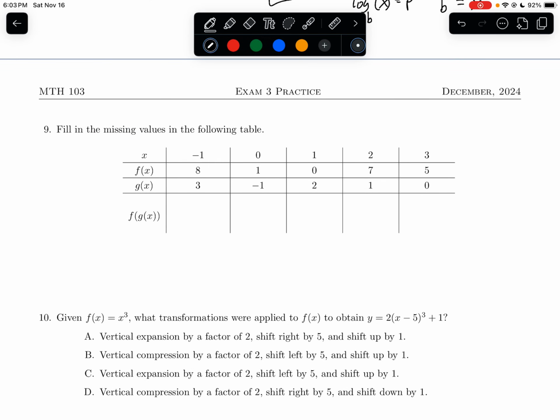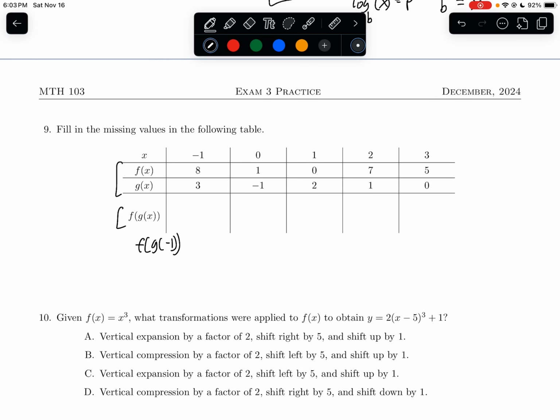Okay, fill in the missing values in this table. This is asking you to use the way that these two functions are defined in order to get what the composition f of g of x is at each point. To get the first one, I need to do f of g of -1.